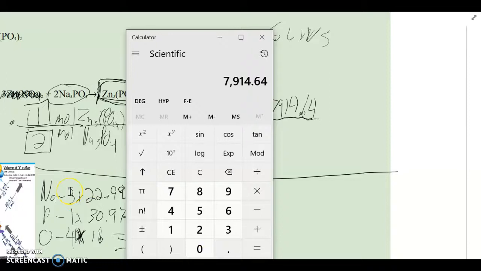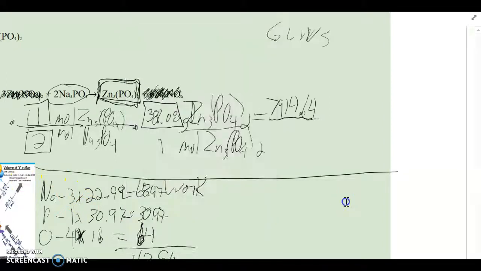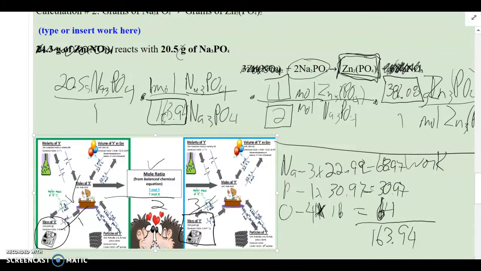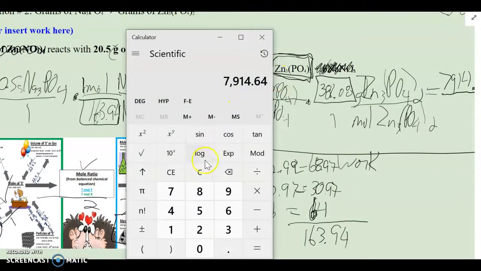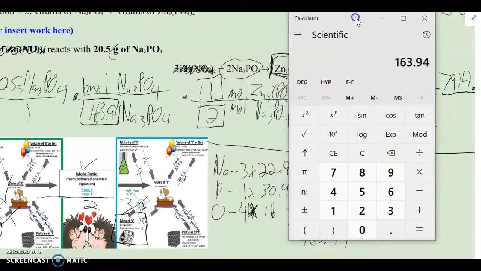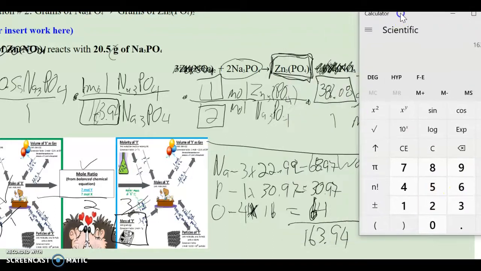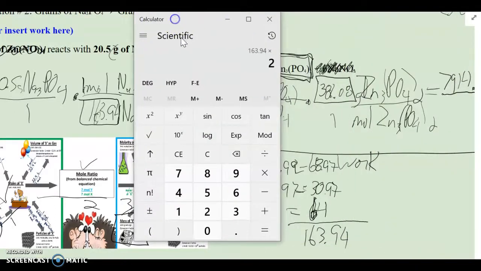Here we go. And again, if you're really good with a calculator, go ahead and you can do it all in one step. So I'm going to do 1 times, I'm going to save myself a little time. I'm not actually going to type this 1 in, it's just going to save me time. Times 163.94 times 2 times 1.